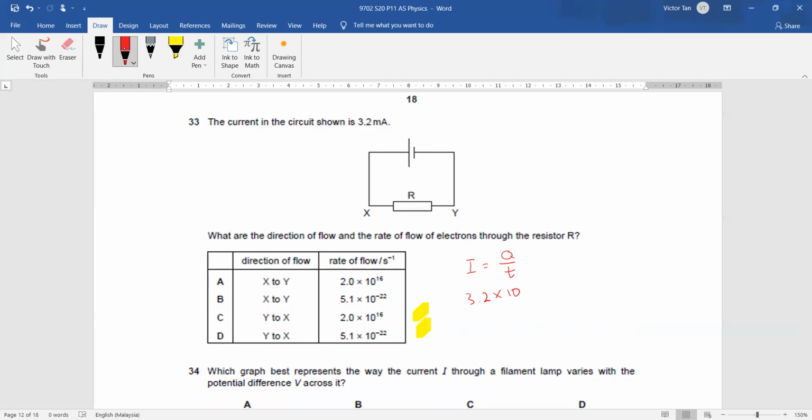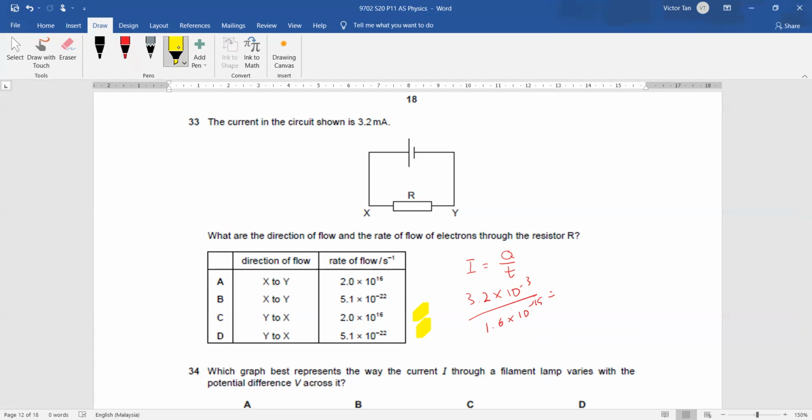This is -3 divided by 1.6. The number of electrons is 2 times 10 to the power 16.